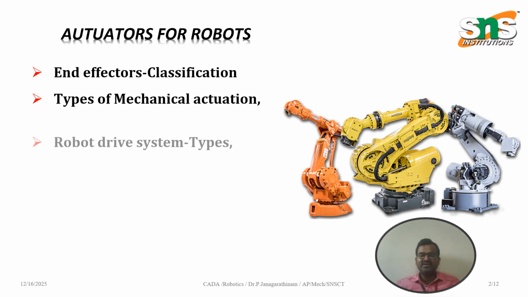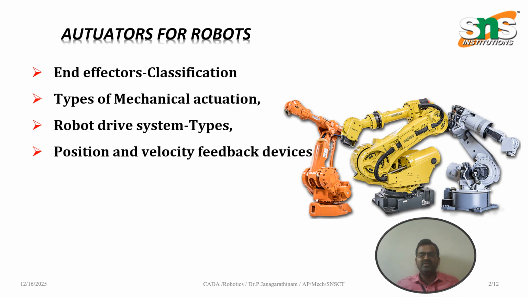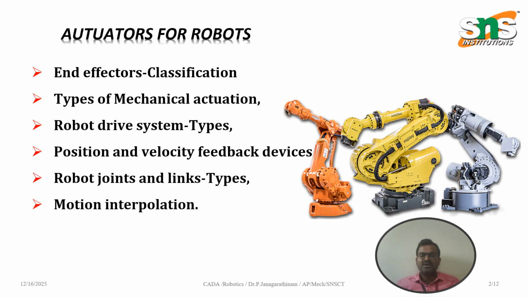Actuators for the robotic system means we have to use either single acting or double acting cylinders, or some kind of rotary actuators, which can be used to actuate our robotic systems. These are the different actuators used in our robotic systems for end effectors.